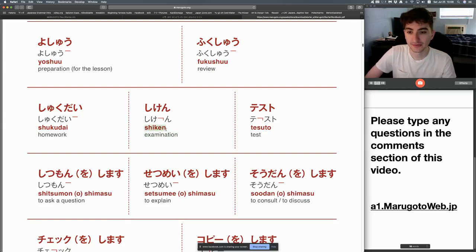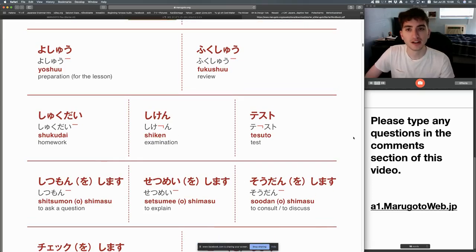試験. Okay? There is a big Japanese language proficiency test called the JLPT. 日本語能力試験. They call it 試験. It's an exam. And then we have the word from English, test, right? Testo. That's easy. Comes from English.